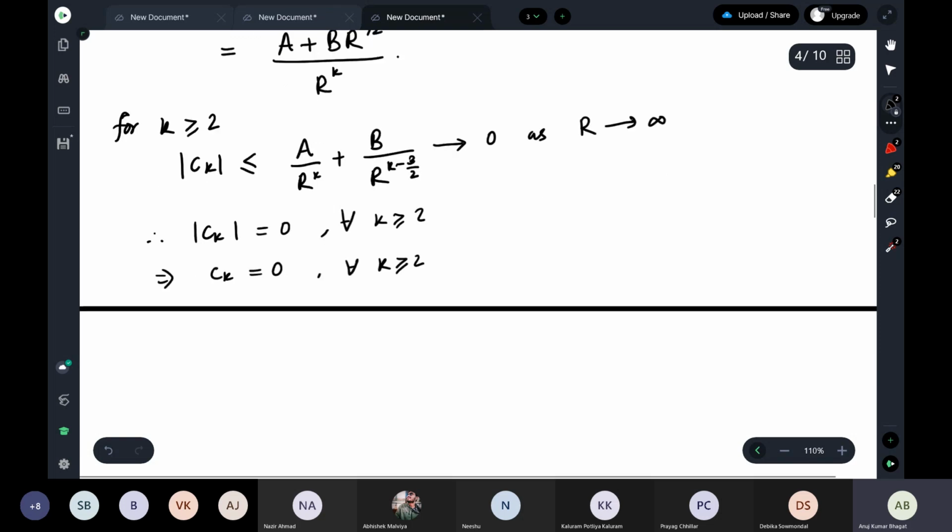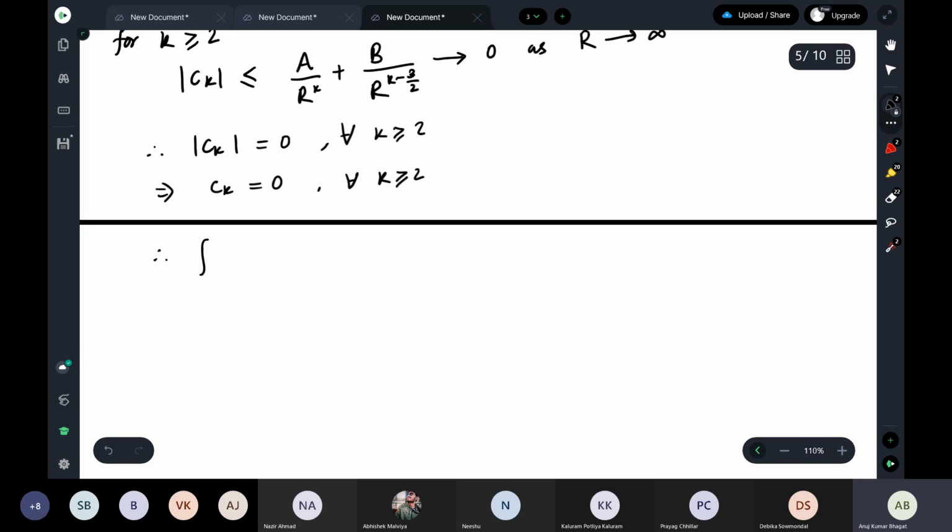So therefore what I have, f(z) is nothing but c0 plus c1 z, and the c2 z square, c3 z cube terms all vanish because of this result. So proving that f is a linear polynomial.